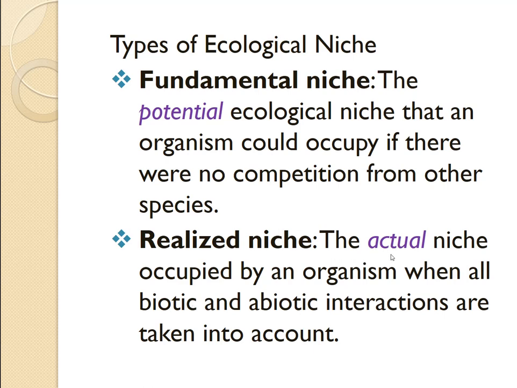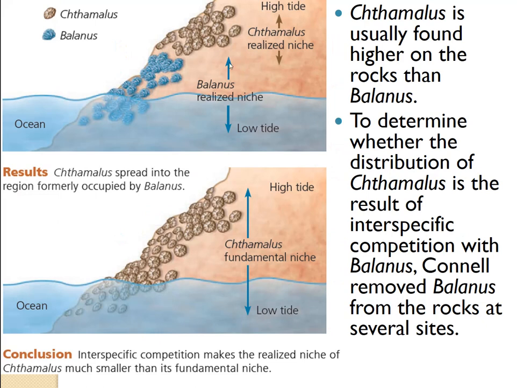So that is what we call realized niche. If you look at the example here, these are two species of organism that occupy this particular habitat, and they might share the same resources. The first species is Tamalus, which usually occupies the high rocks, staying in the higher area.